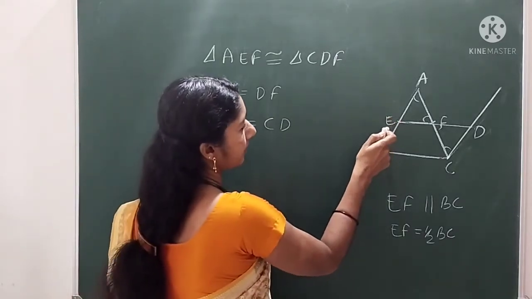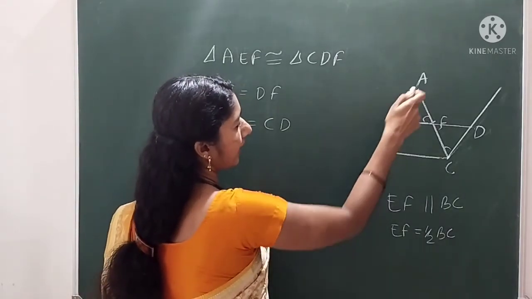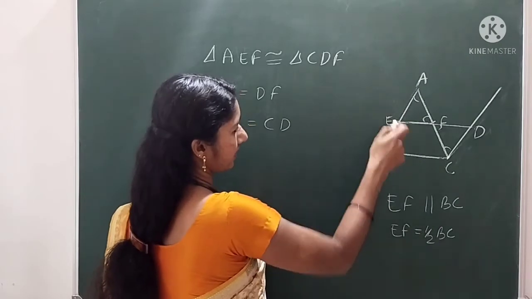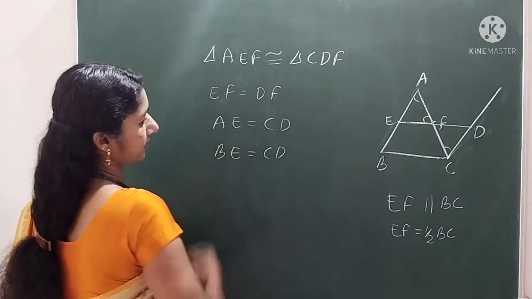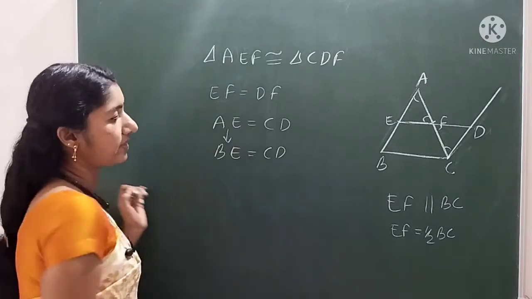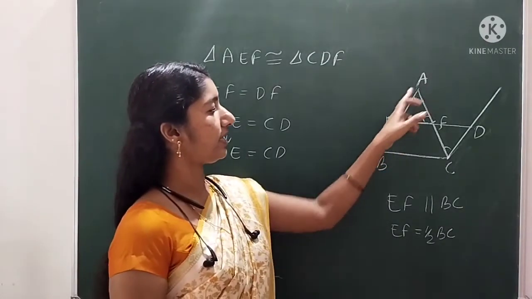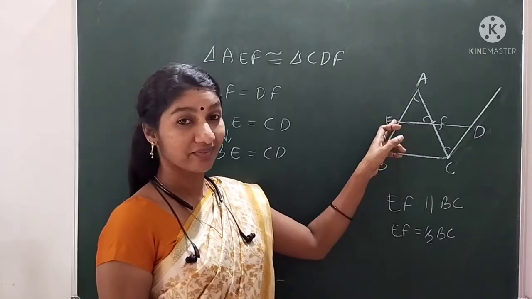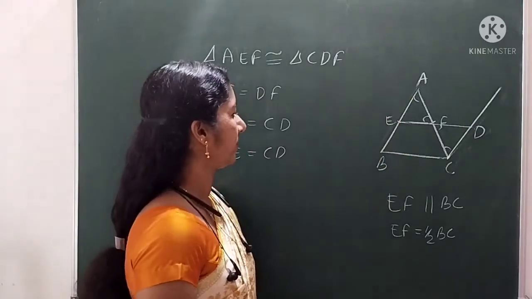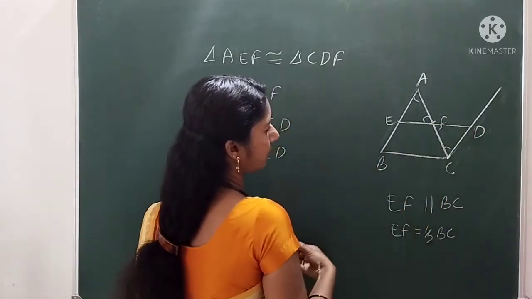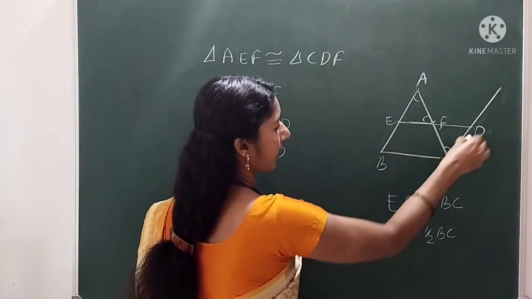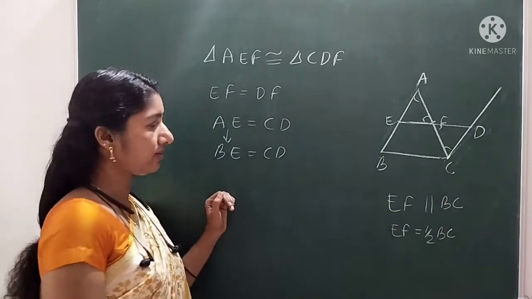E is the given midpoint of AB. So AE is the same as BE. So we can write BE is equal to CD. Instead of AE, I replace it with BE because AE and BE are the same. Now see, BE equal to CD we got. BE is parallel to CD, we constructed it like that.